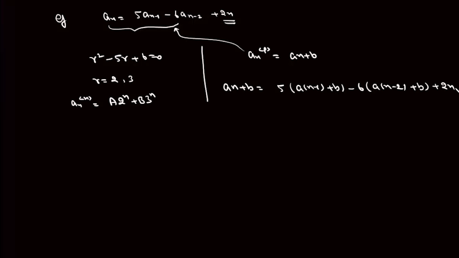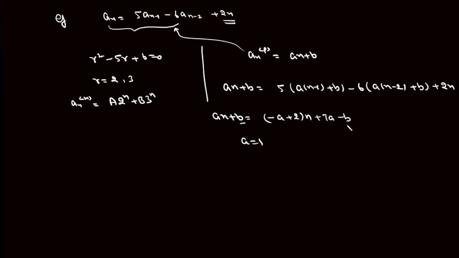Now we'll find the value of a and b. Now we'll compare the coefficients of n. So here it will be 5a - 6a, so it will be -a, plus 2n. And the constant term that we'll have here is -5a + 12a, so there'll be +7a - b.